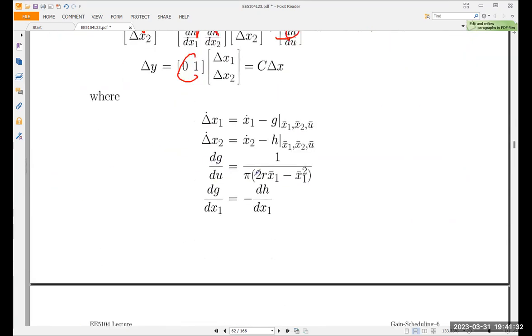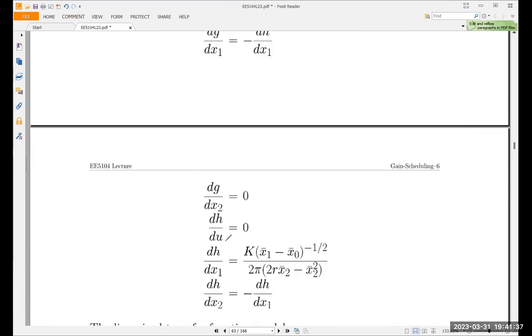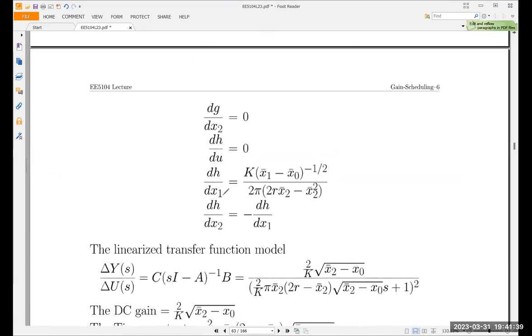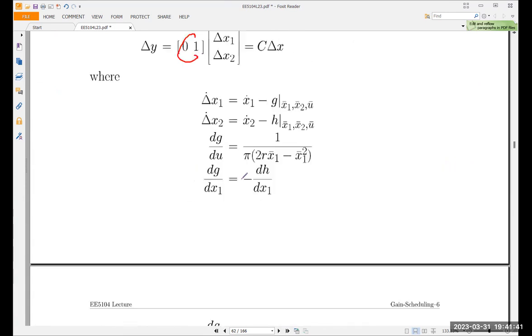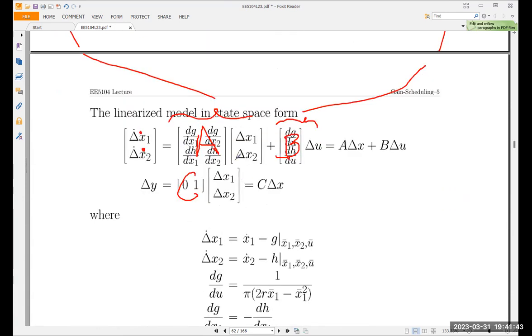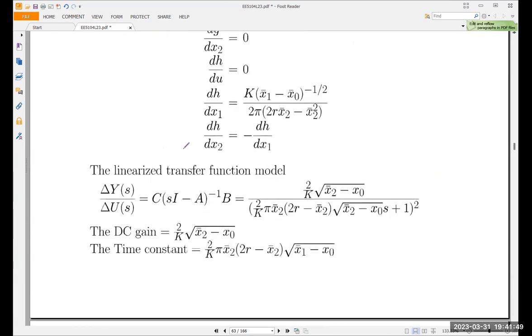I do it for you here. So dg du is this, dg dx1 is this, dh du is this, dh dx1 is this. So if you do all the differentiation, you can stick it inside here. And then if you stick this inside here, and then you stick ABC inside here, you can rewrite it into a transfer function.